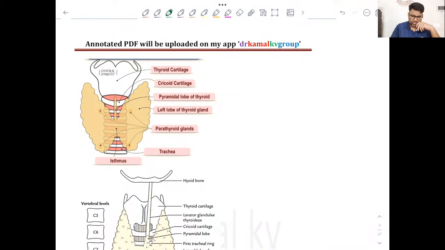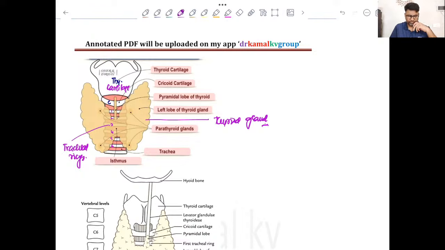And if I just show you through the images, this one is the thyroid cartilage, this one is the cricoid cartilage. Then lower down, this is first, then second, third, fourth, fifth, sixth. These are all tracheal rings, so this numbering is actually tracheal rings. This lobe is of course the thyroid gland. So don't mix.